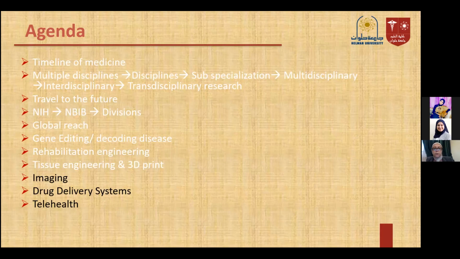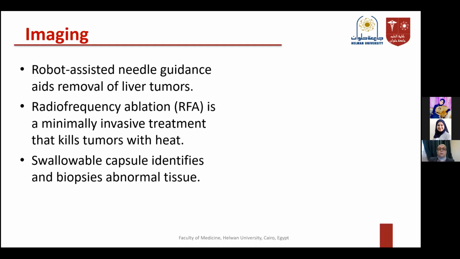Now we can go through the advances in imaging, the drug delivery system, and telehealth. What about imaging? There is now what is called robot-assisted needle guidance. It aids nowadays in the removal of liver tumors.